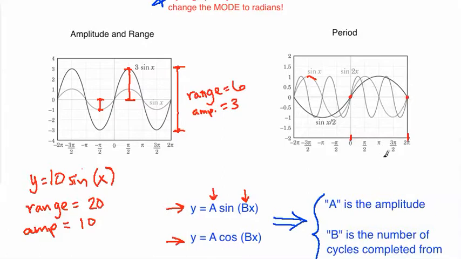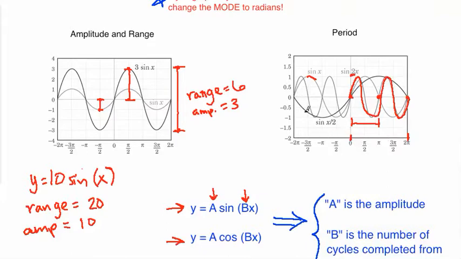So the period there would be 0 to 2 pi, and it completes one cycle. If we increase this number to 2, you'll notice that it kind of scrunches up, and it completes two cycles. One cycle would be from here to here, another would be right there. So we have two cycles completed, and our period in this case would be 0 to pi, the length of one cycle.